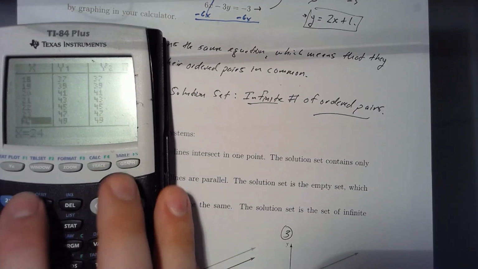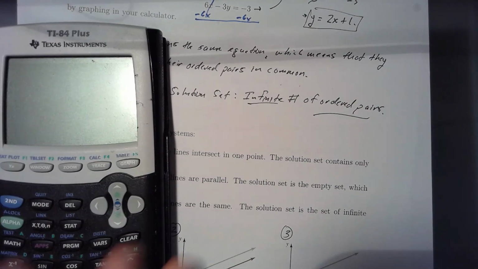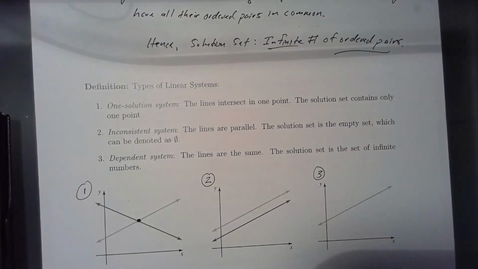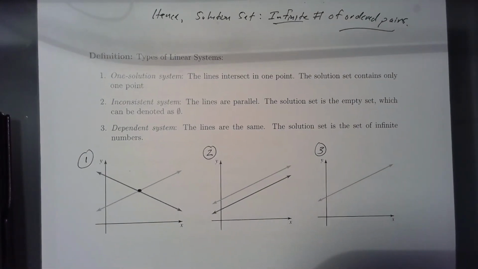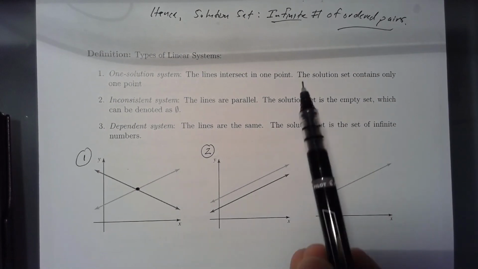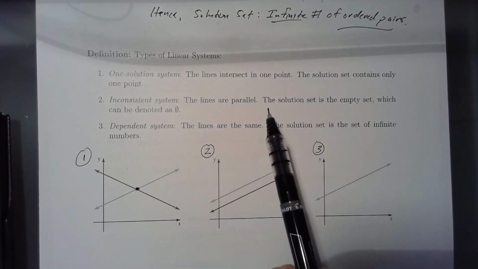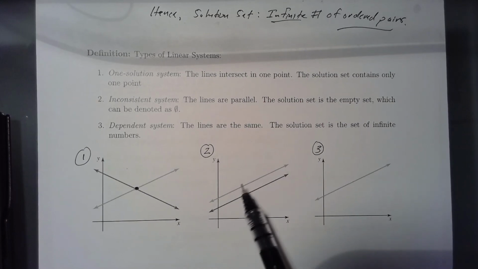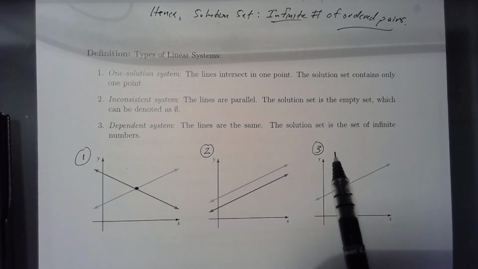Obviously, I'm not going to go through all of them. So when you're solving a system of linear equations, you're going to get one of three possibilities: a one-solution system, an inconsistent system which has no solution, or a dependent system which has infinite solutions.